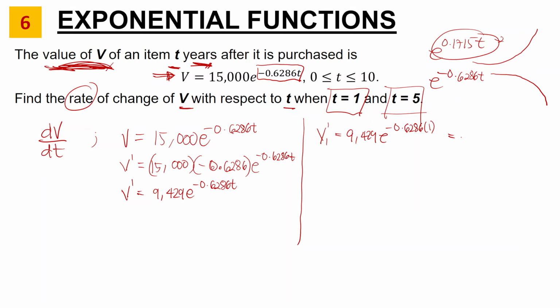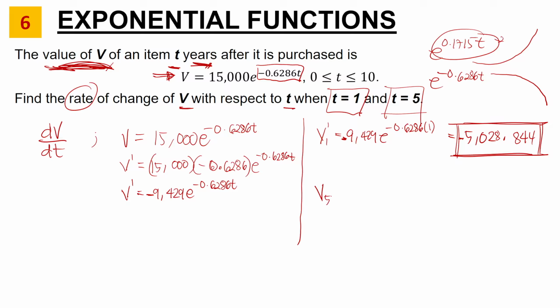And the rate of change of this one at this specific time is, I forgot the negative sign, we have the negative here, negative 5,028.844. Negative means that the value is decreasing.